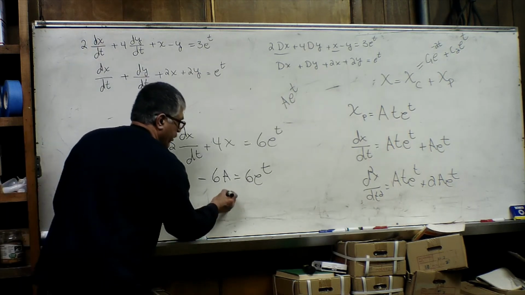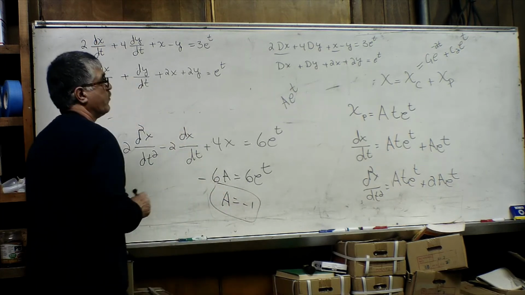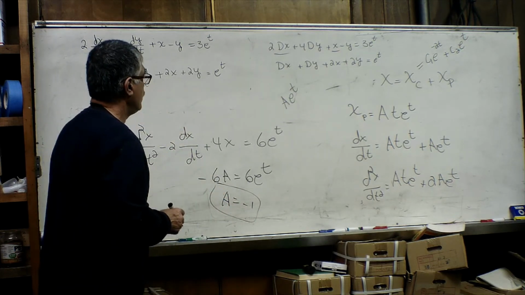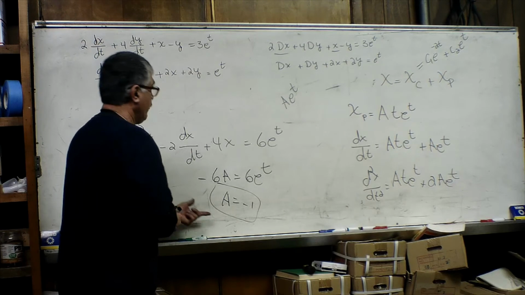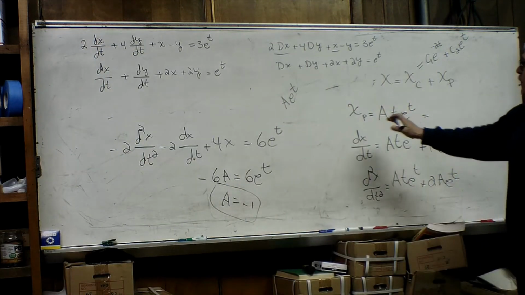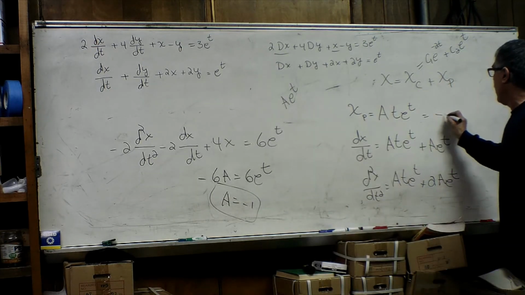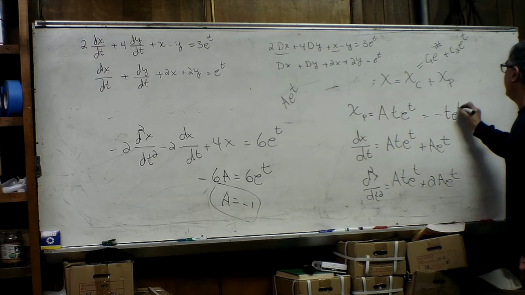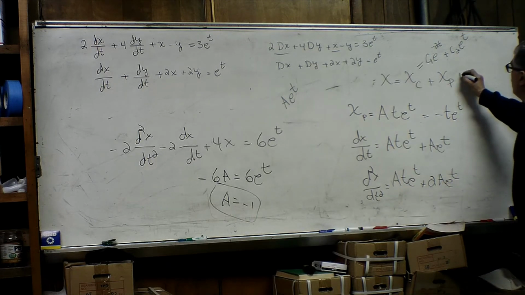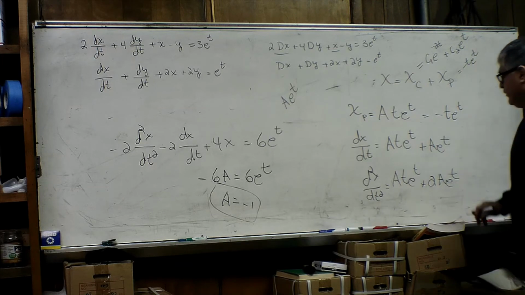So from here, we can find the value of a to be -1. So if the value of a is -1, the solution to our non-homogeneous portion will be minus t e to power t. So this xp is minus t e to power t.